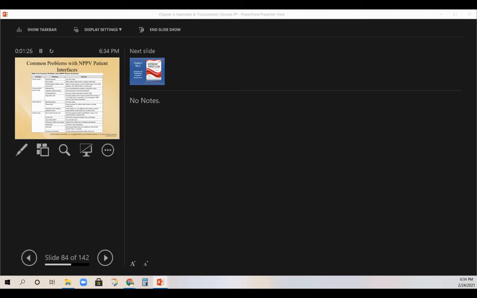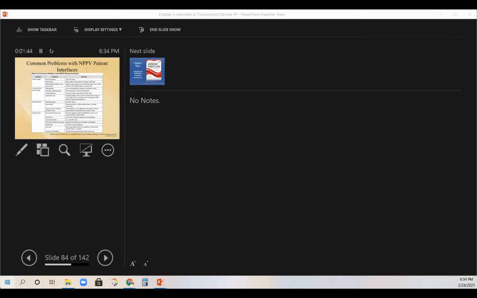Oral nasal, you're rebreathing, the same thing. Use a non-rebreathing plateau exhalation valve, and it impedes your speech, eating, and so forth.